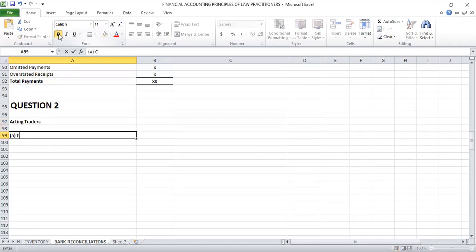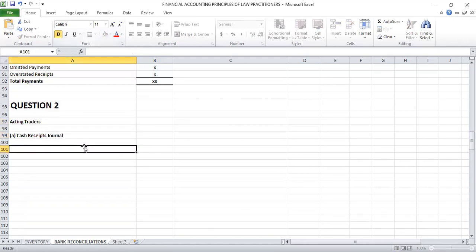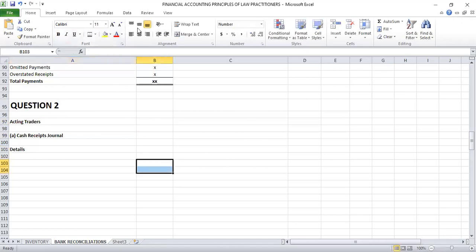a cash receipts journal, details, right?